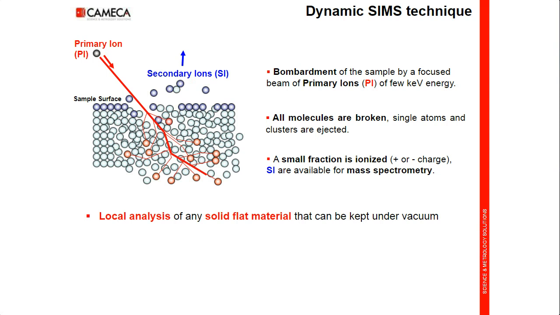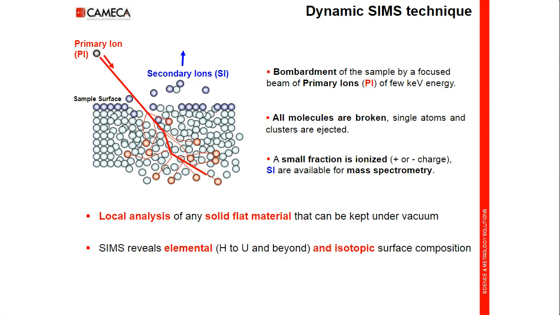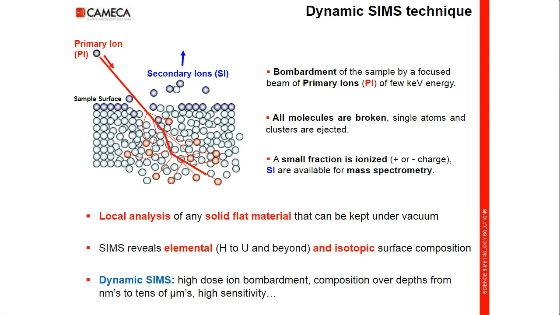Both elemental and isotopic information can be obtained for all species in the periodic table, from hydrogen to uranium and beyond. Dynamic SIMS is a destructive technique by its nature, as it is based on sputtering of material.